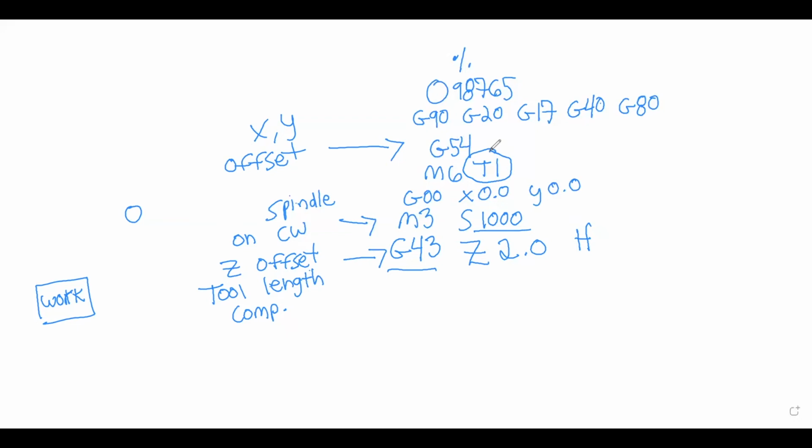So whenever you call up a G43, you want to give it a Z height to go to, but you also have to call up an H value for the machine to communicate what tool you're offsetting. In this case, since we're using tool 1, we're going to be using H01.